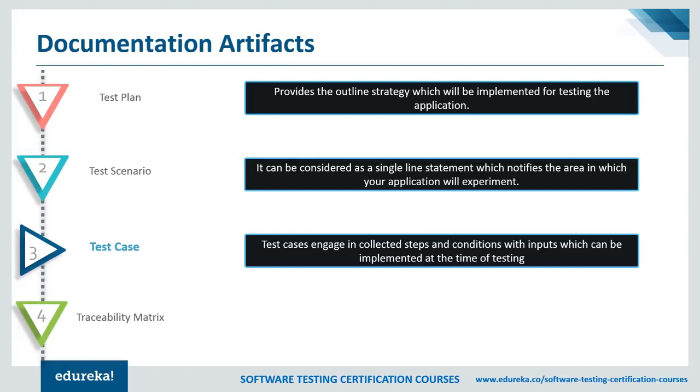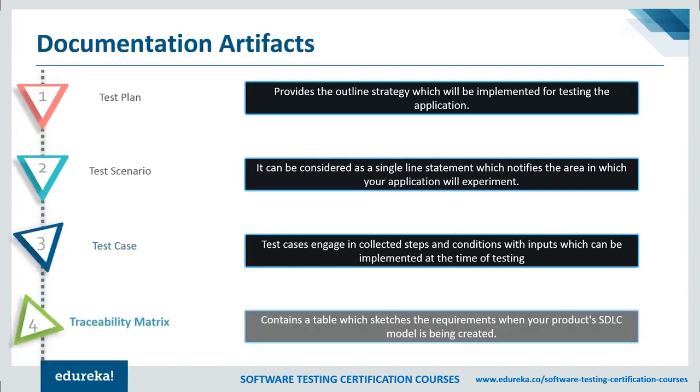These are the columns which are necessary for a test case: your test case ID, the test case and its description, the steps that you take for testing a particular software or a particular test case, again your expected result, actual output, status, and comment.